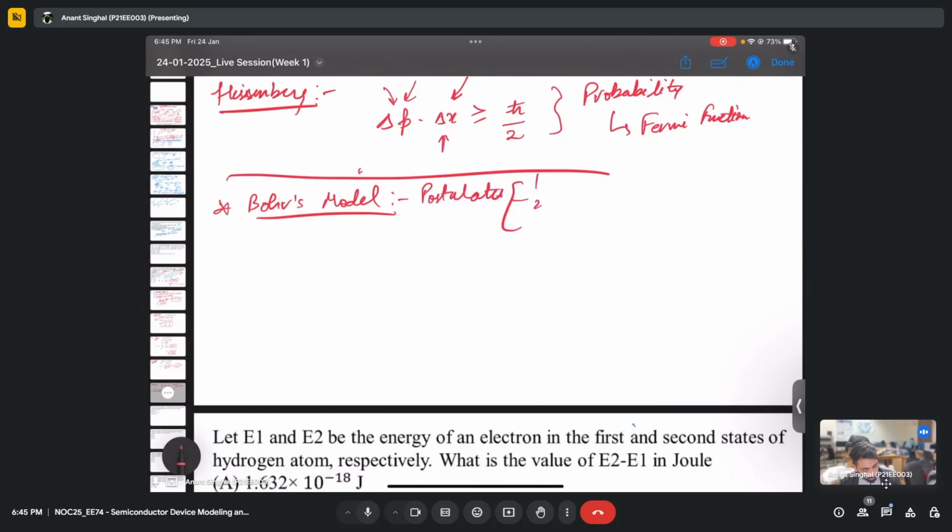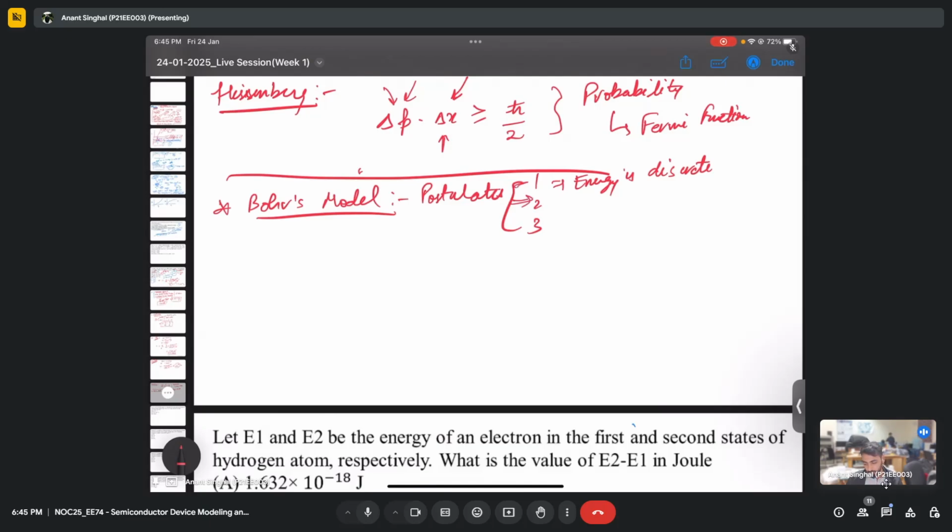The first postulate states that energy cannot be present everywhere. It is basically discrete. So electrons cannot occupy all the energy levels. Instead, electrons can only occupy states with certain discrete energy levels. This is what postulate one is.